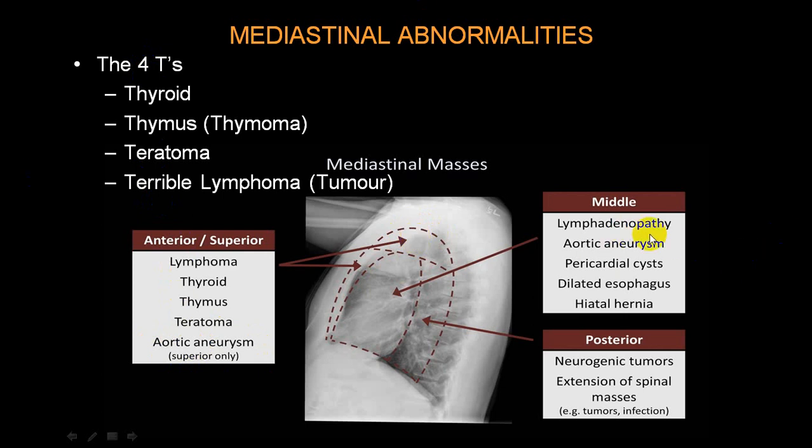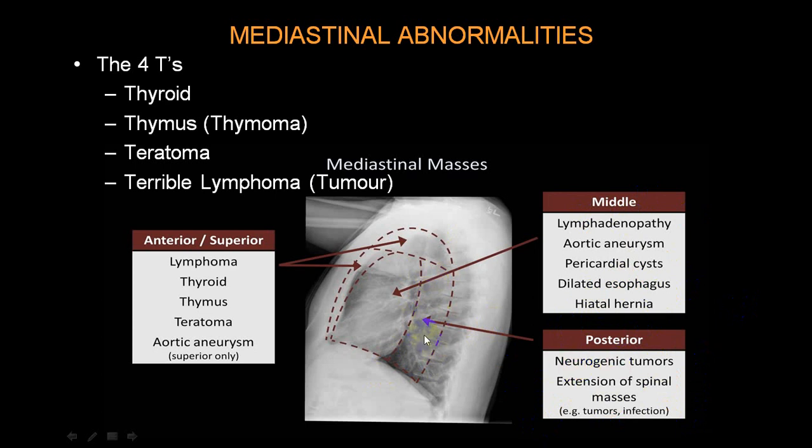Now in the middle mediastinum, mainly pericardial pathophysiology, and the esophagus may produce some pathophysiology here, particularly hiatus hernia. So do look at that particular part. Okay? And lymphadenopathy. While in the posterior, mainly it is in the retrocardiac area, and that is the descending part of the aorta.